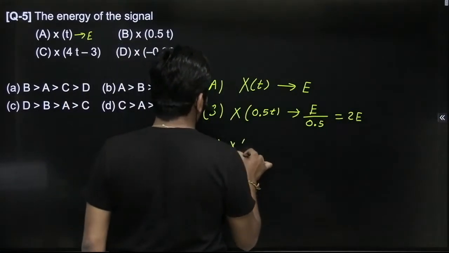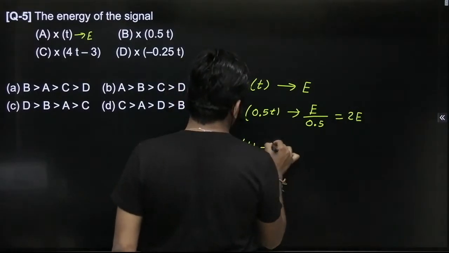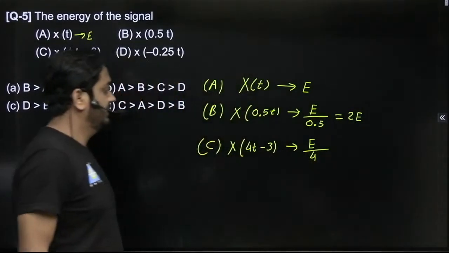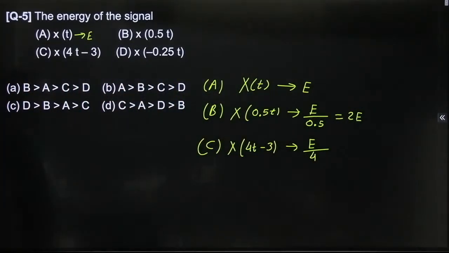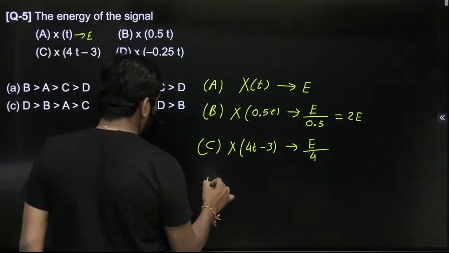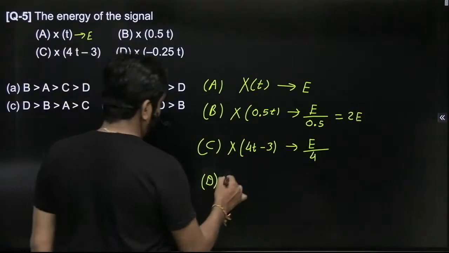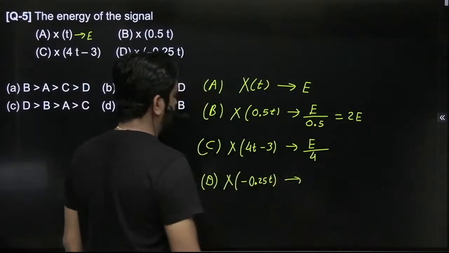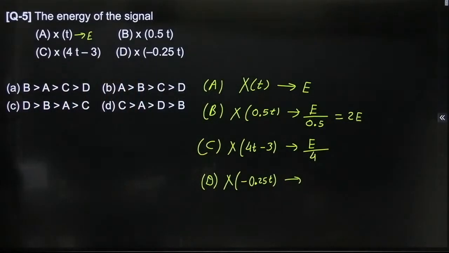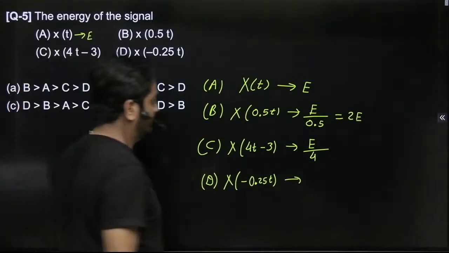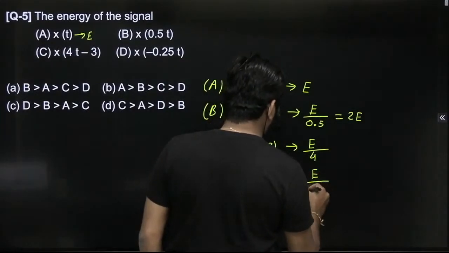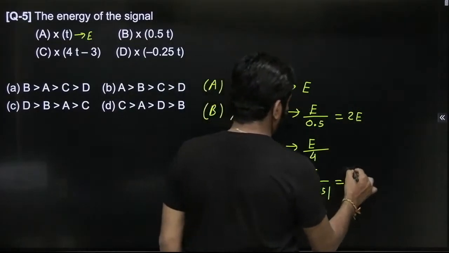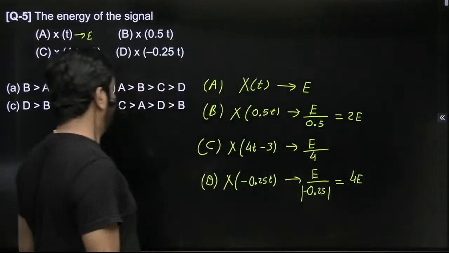So for x of 4t minus 3, the energy will be E by 4, that is 0.25 E. Then D is x of minus 0.25 t. Time reversal doesn't alter the energy either, so the energy is E upon mod 0.25, which is 4E.